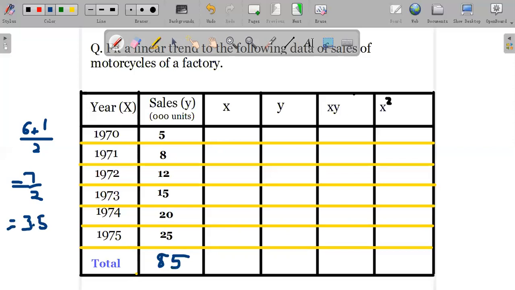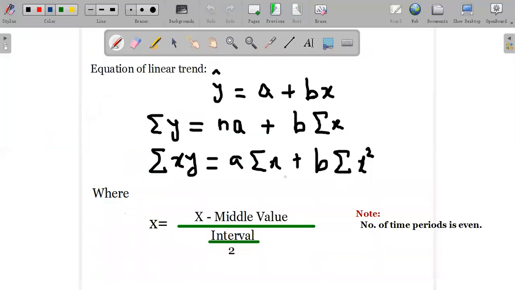So the middle should be between 1972 and 1973, which would be 1972.5. So we write here 1972.5.